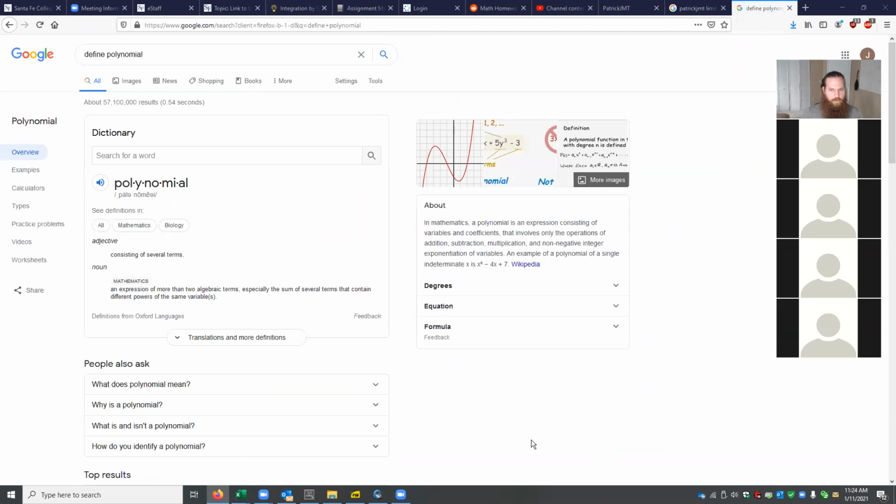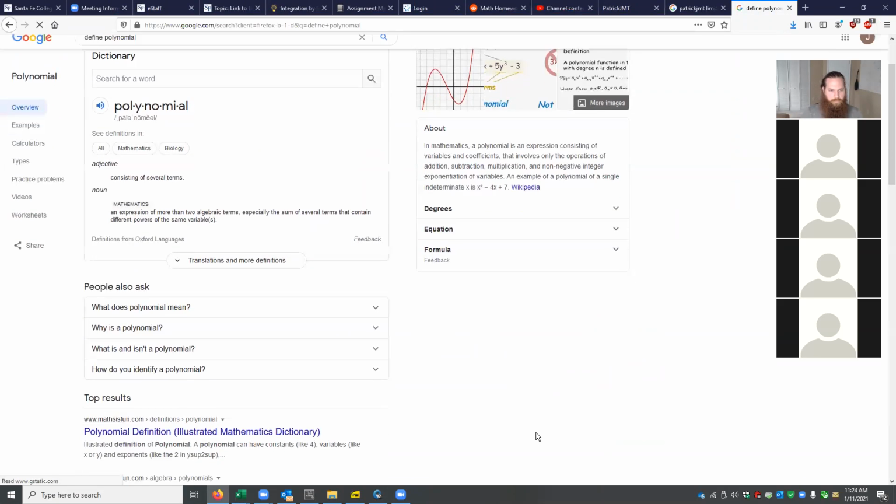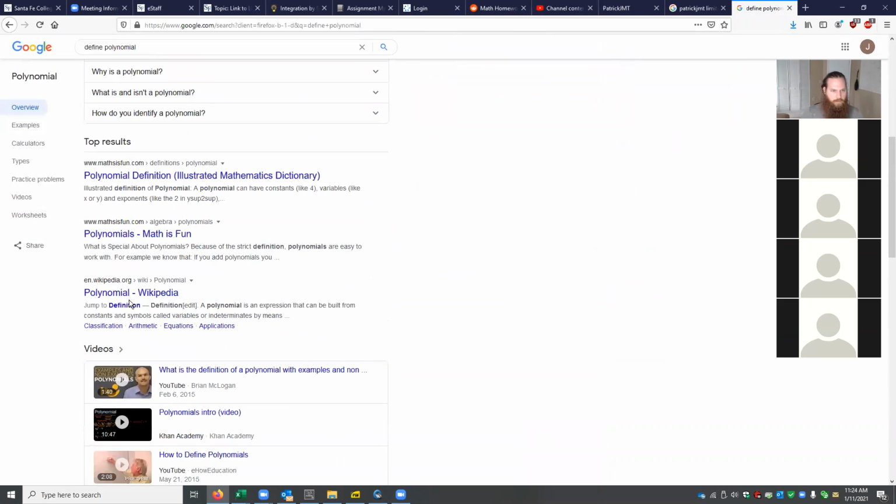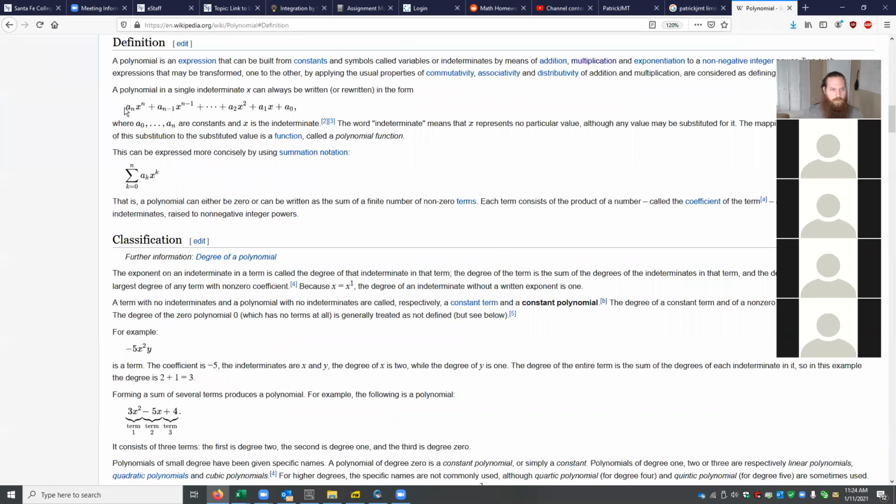If we look at the definition of a polynomial, Wikipedia is actually a great source for mathematics stuff, we see that this is just the definition of a polynomial. It's any function that can be written in this form, which is exactly what we have there.